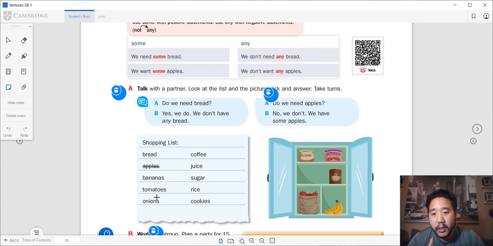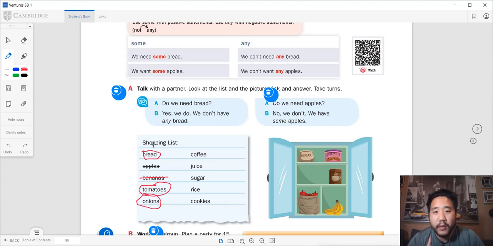Do we need onions? Yes, we do. We don't have any onions. So right now, I'm just gonna circle the items really fast. We need bread. We don't need bananas. We need tomatoes and onions so far.